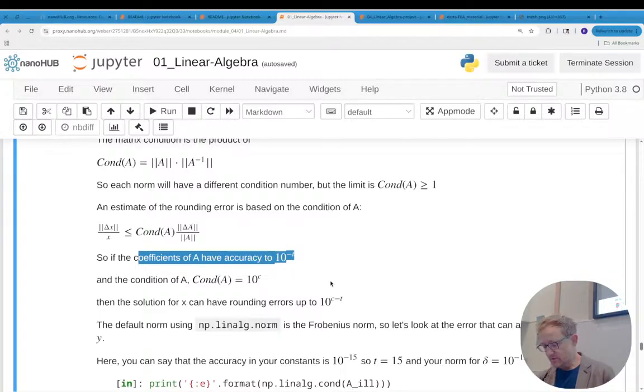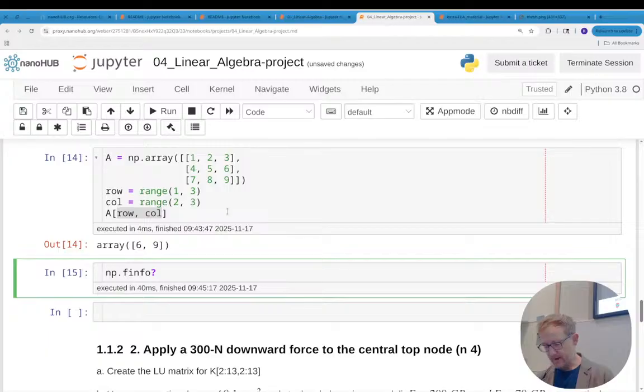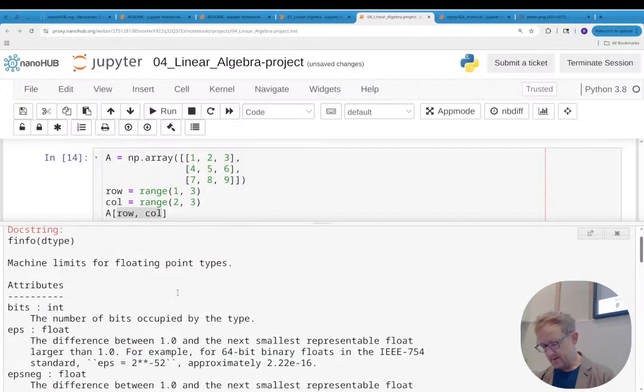In the past, we used 10 to the negative 16, I think. But if you want to find out what the limit is for your computer, NumPy has an finfo command, and it gives the limits for your given machine, or for this version of NumPy.